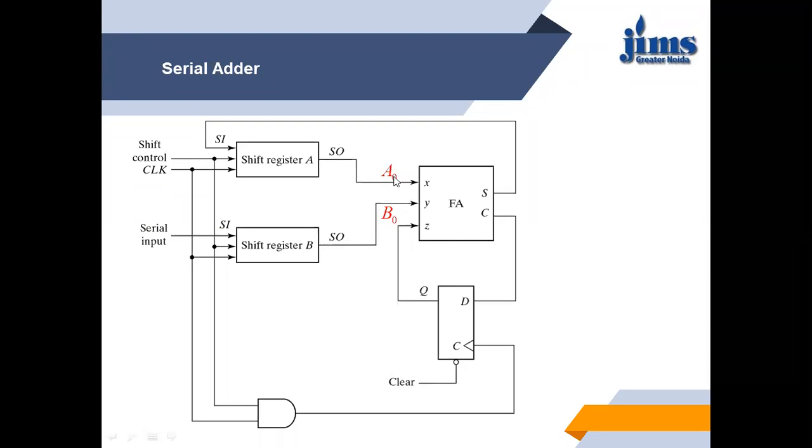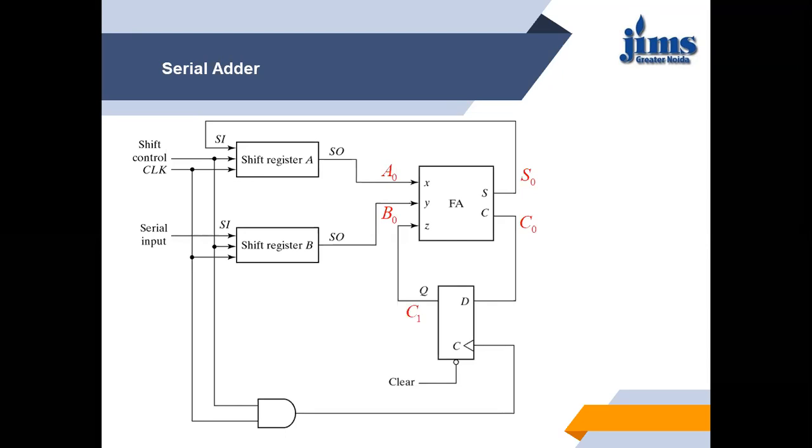So we are adding A0 plus B0 plus 0, and it will produce a sum S0 and C0. This S0, with a single clock pulse, will be entered into shift register A. Or you can use another shift register here and connect this S0 to it. Whenever a clock is given, the data is input serially into the shift register.